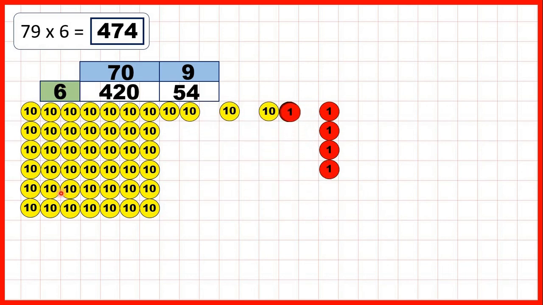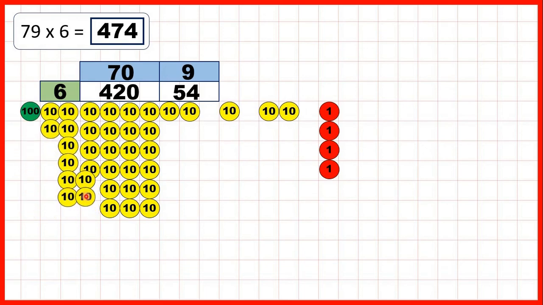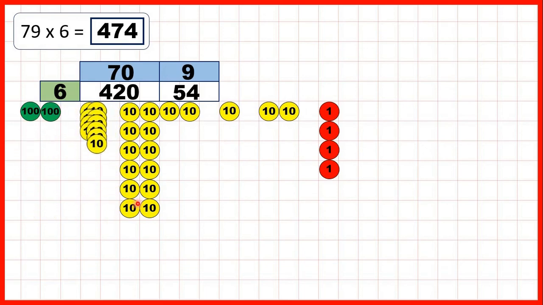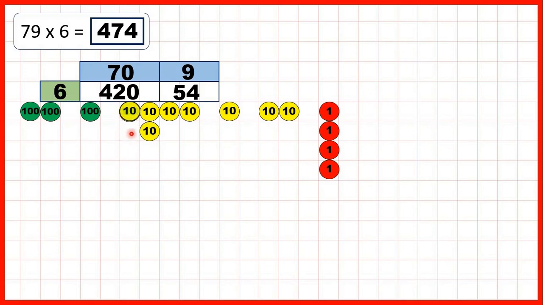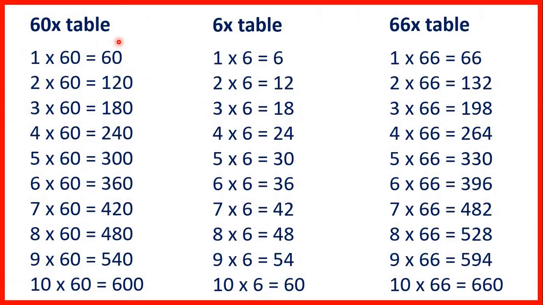And we can regroup 10 10s to make 100. And when we do that, you can see that we now have 4 hundreds, 7 10s and 4 1s. So that's 474.